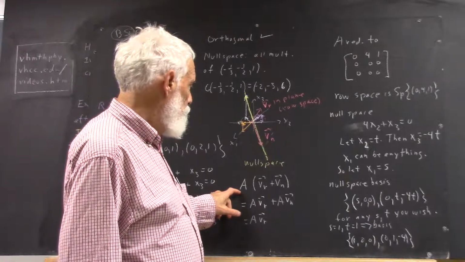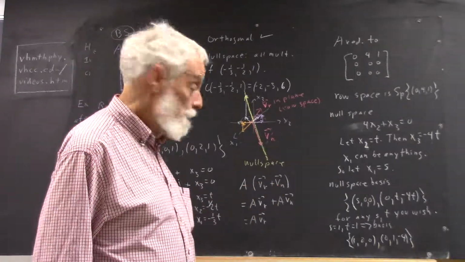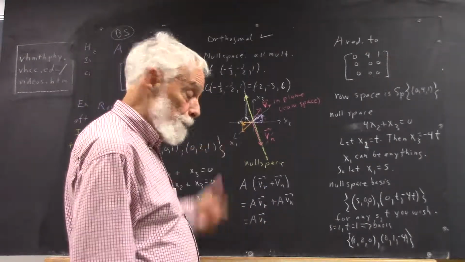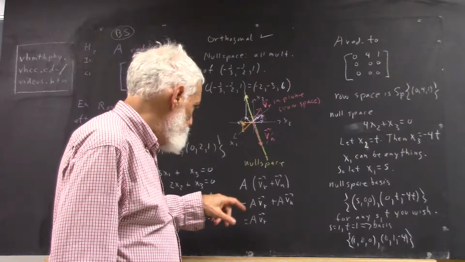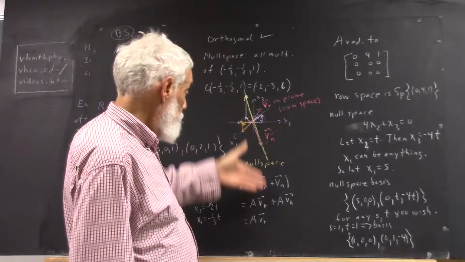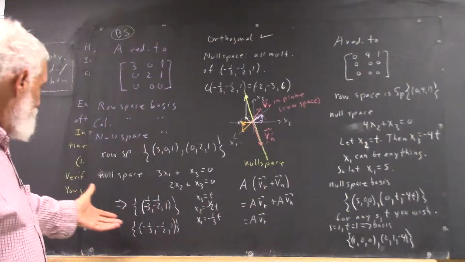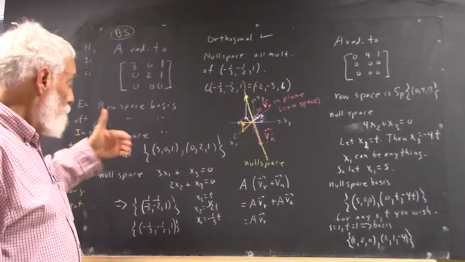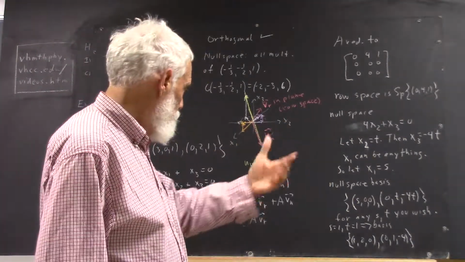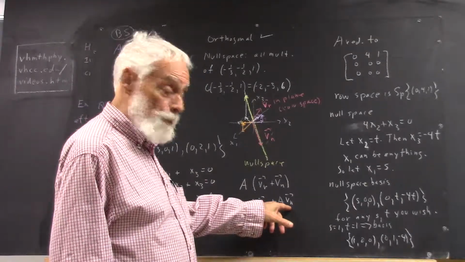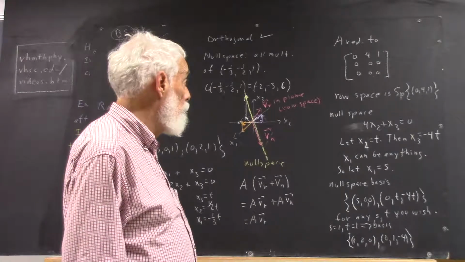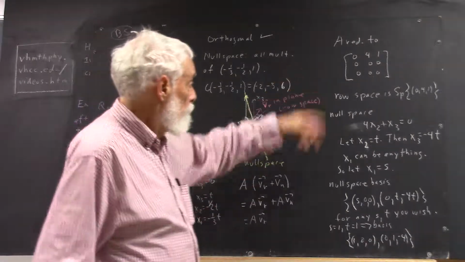If I multiply the matrix A by VR plus Vn, well, by linearity of matrix multiplication, I'm going to get AVR plus AVn, and Vn is in the null space, and the null space was determined by the condition that the matrix multiplied by the vector is 0, okay? So that's going to be 0, so you end up with just A times VR. Okay, now we go on to another example.